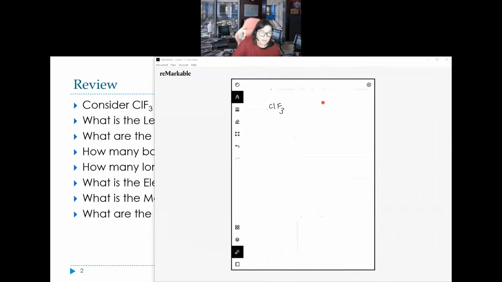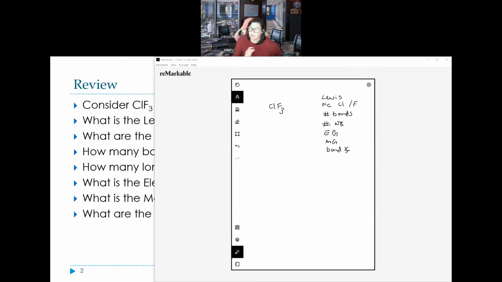I want to know the Lewis structure, formal charge on chlorine and fluorine, number of bonds, number of non-bonding pairs (lone pairs), electron geometry, molecular geometry, and bond angles. Okay, so those are the things I'm looking for.